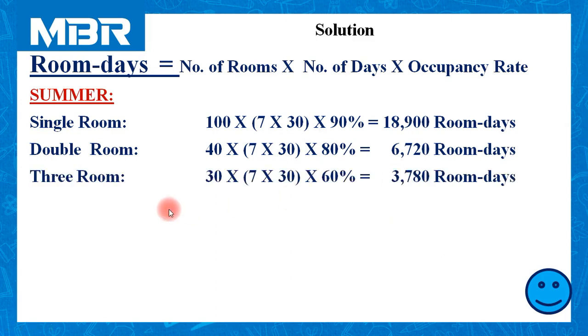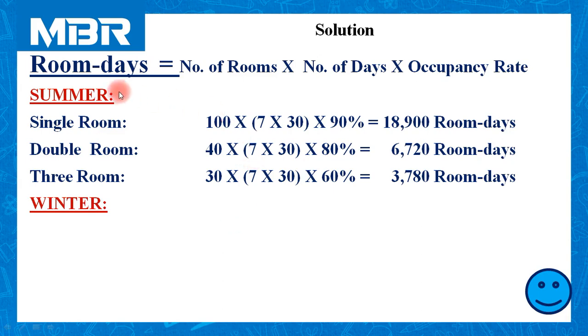During summer for 3-room, we have 30 rooms. The period remains the same for summer, 7 months. Occupancy rate is 60%. So the number of room days for 3-room in summer is 3,780. Now calculate the same way for winter.